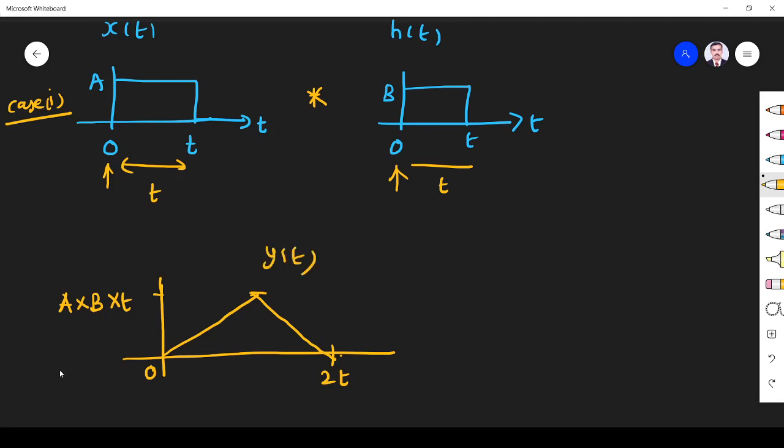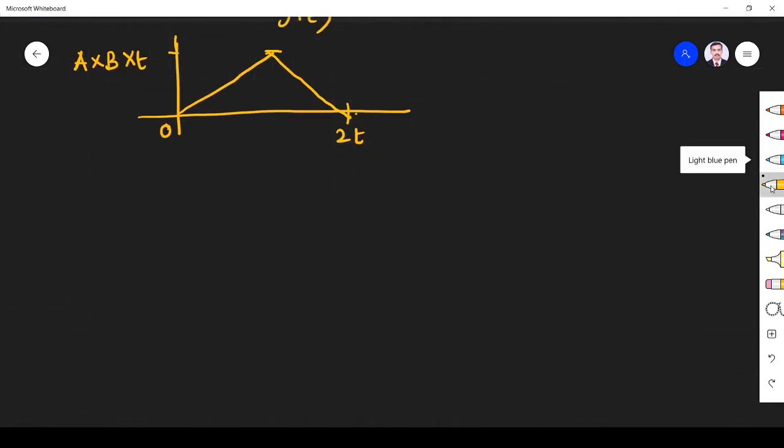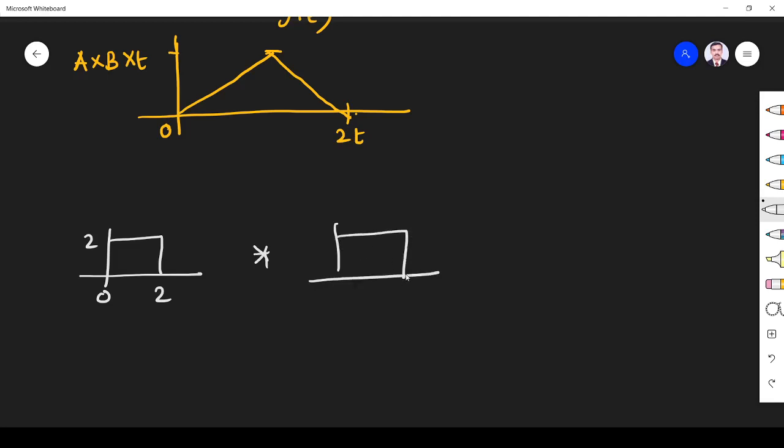This is the answer. Suppose in an exam they give 0 to 2 with amplitude 2, then convolve 0 to 2 with amplitude 3, this is x, this is h, what is our y?